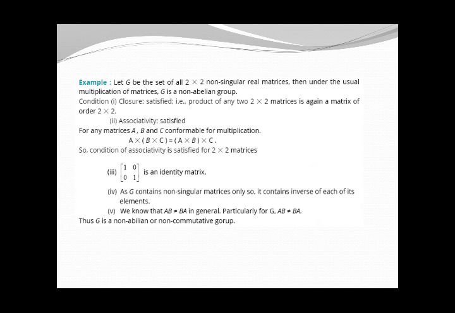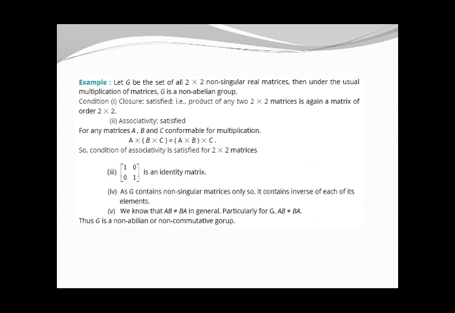Now we have three matrices A, B, C. If we multiply like that, A multiplied by B multiplied by C, on both sides three matrices of order 2 cross 2 are multiplied. At the end their order is the same, therefore the associative property holds.